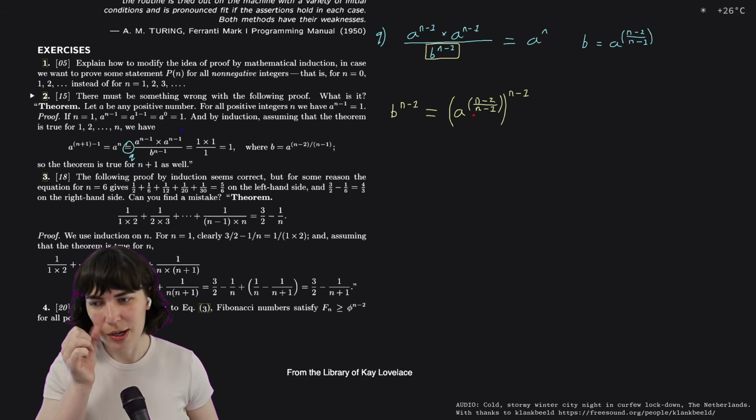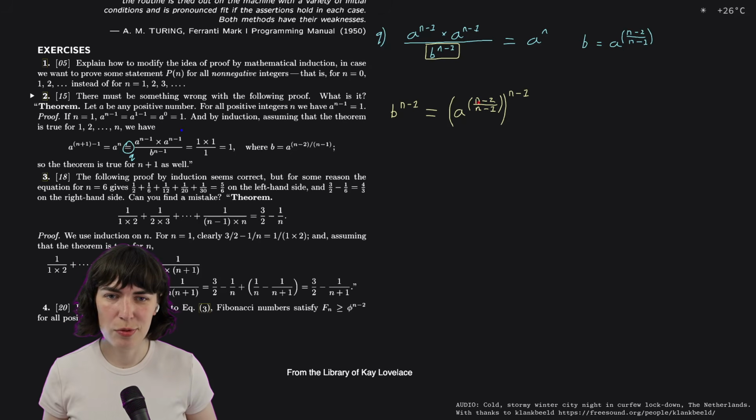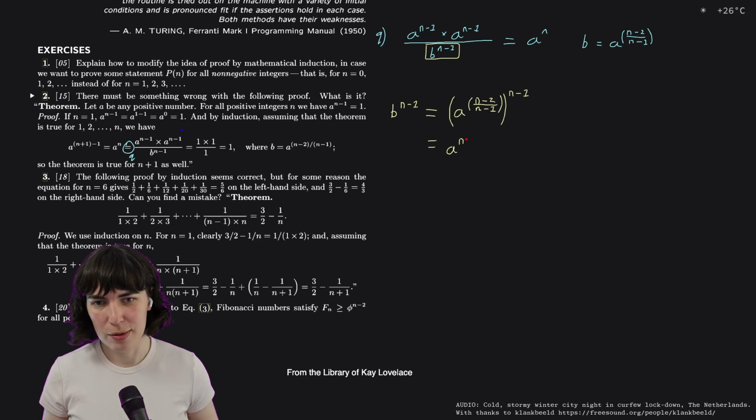Now, if you are raising something with a power to another power, you can multiply the exponents. So you can then put this in terms of n minus 1, in brackets there, multiplied by n minus 2 over n minus 1.